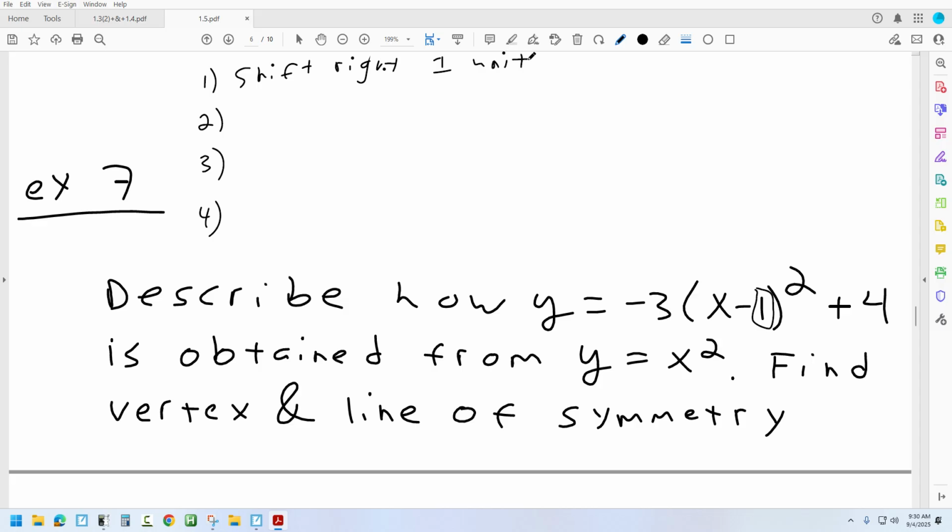What am I going to look at for the second transformation? Yeah, Raj? The -3. You're combining 2 things together. So we're really going to isolate each transformation one at a time.